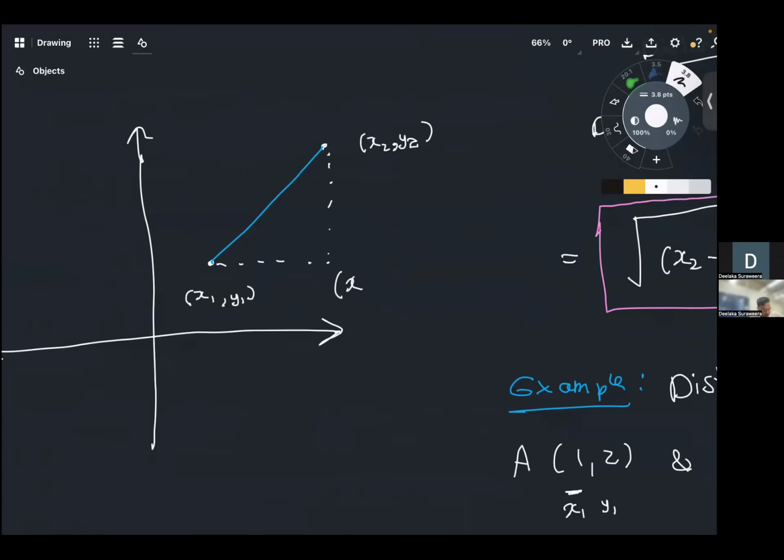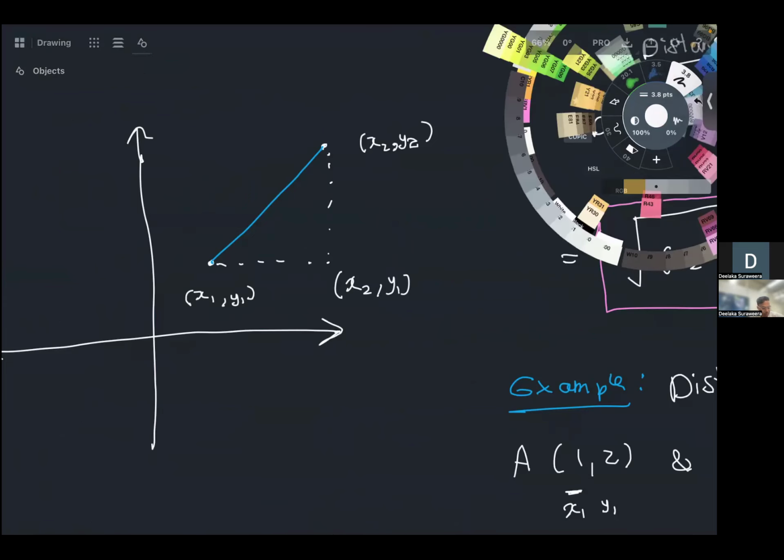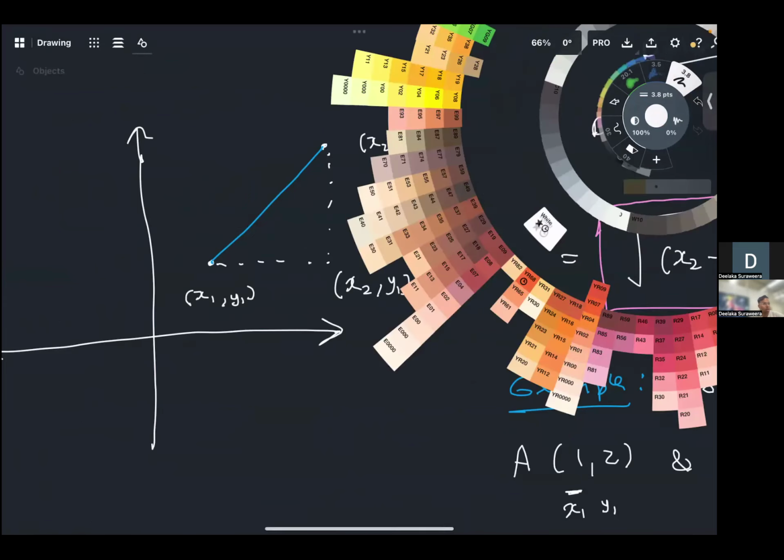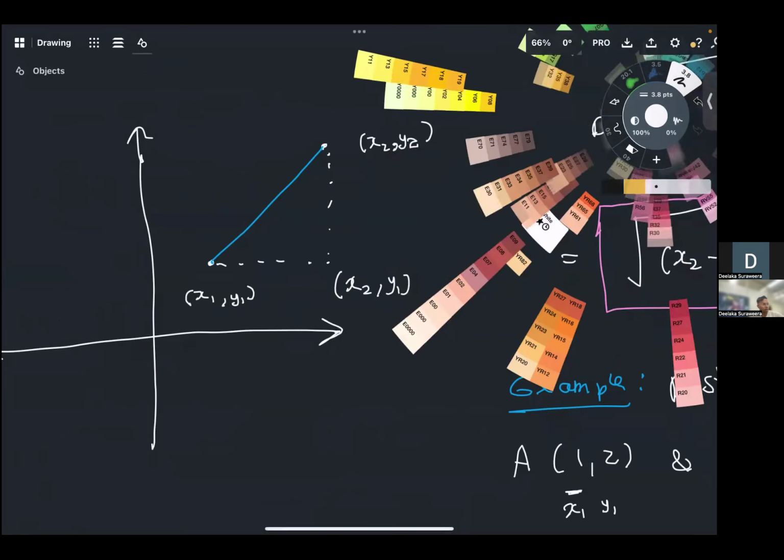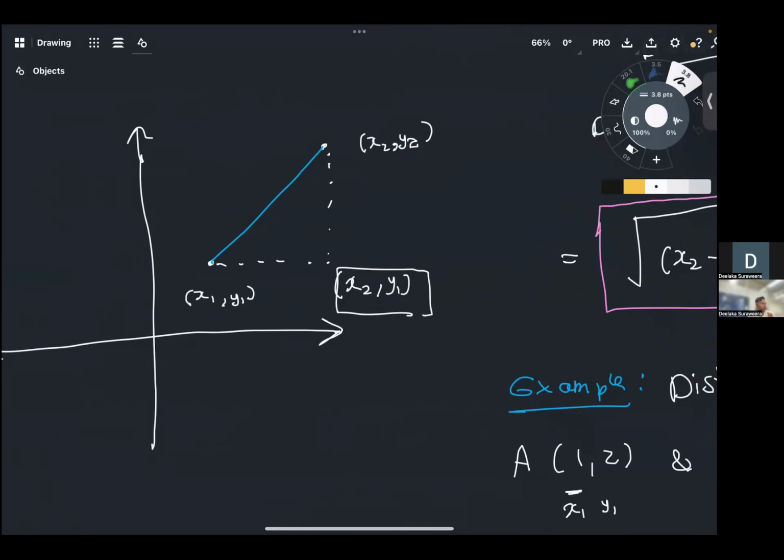Let's say this is x2, y1. This is the fake middle point, a fake coordinate you create to help you identify the horizontal part and the vertical part, because you can use Pythag when you know those parts.